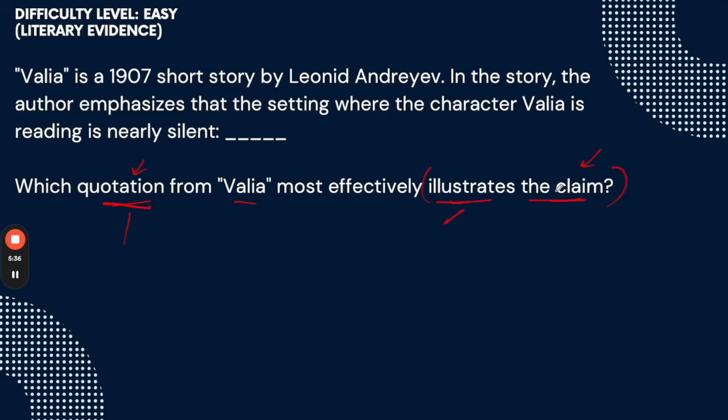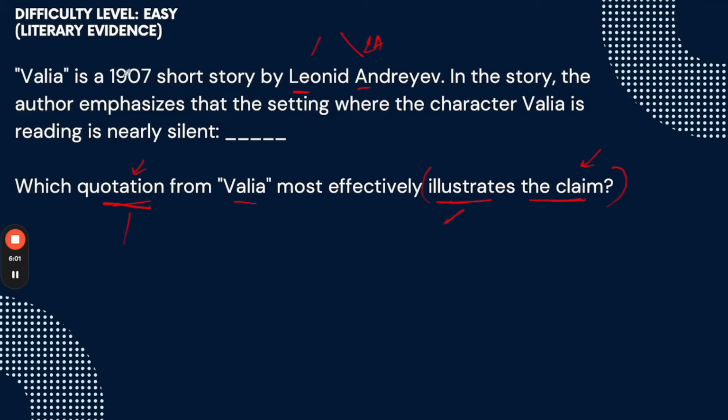Now we are going to try and identify what the claim is. Let's read the text. Walia is a 1907 short story by L.A. Remember, I don't want to waste my time trying to pronounce this, right? The pronunciation is irrelevant in the whole exam. So just call this LA and read ahead. So we are talking about Walia, that's a short story written by LA.